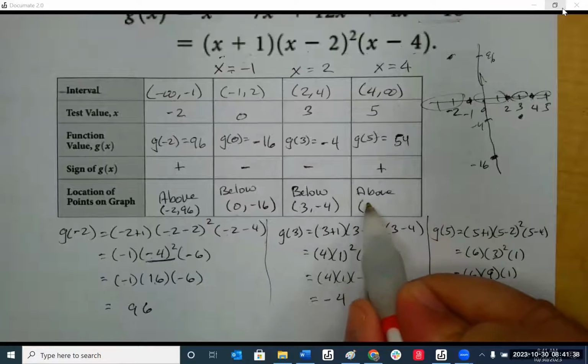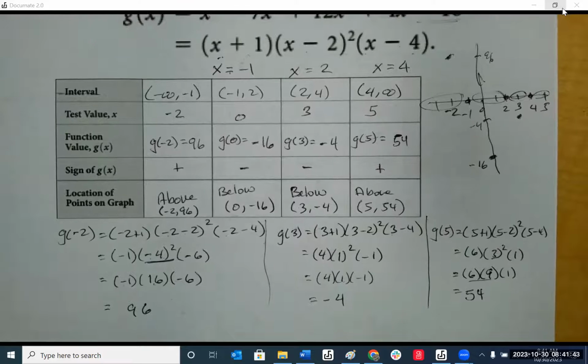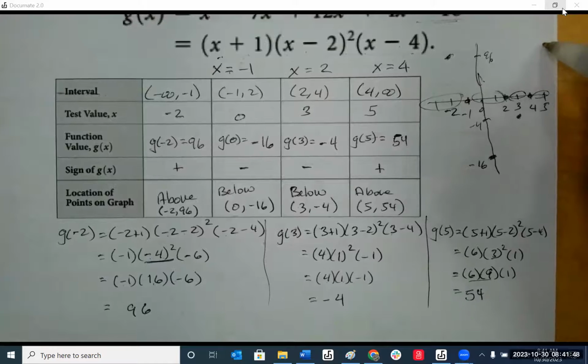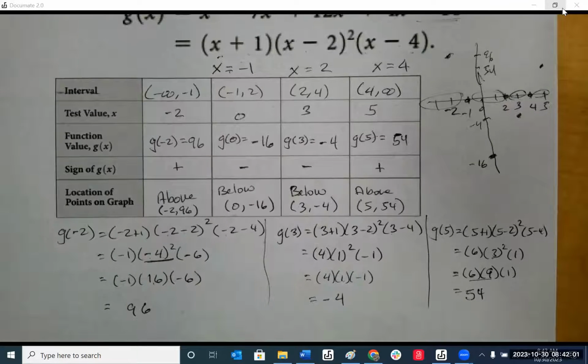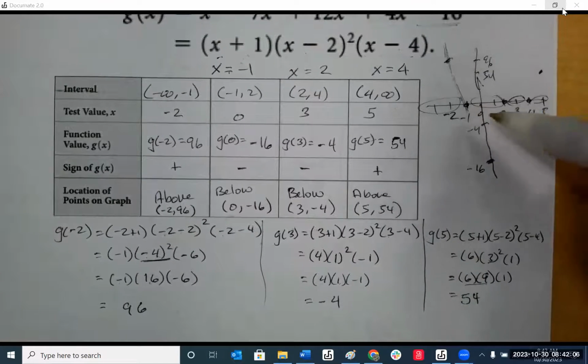It's going to be at 5, 54. So our graph is going through this point. It has to cross there. There's the y-intercept. It goes here, goes there, and back up.